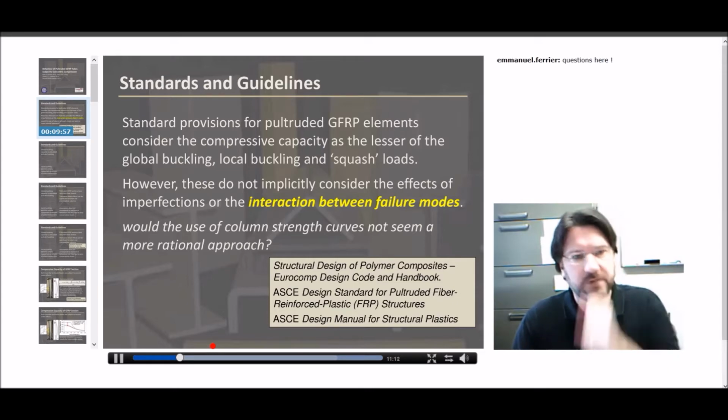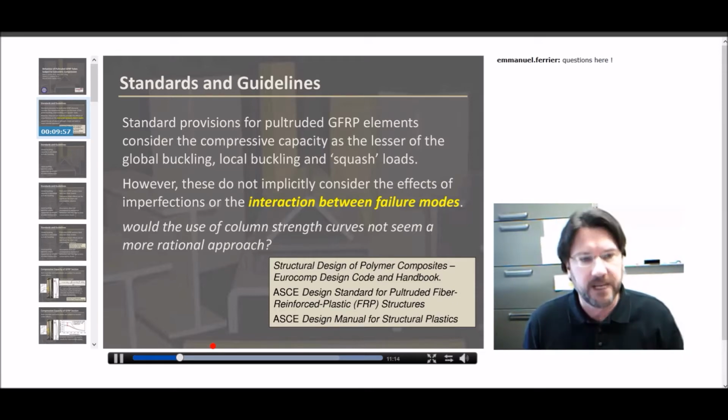In these approaches, we take a limit states type approach, and typically we look at the limit state of a compression member as being the least capacity associated with the calculation of global buckling, local buckling, and then the squash loads if we've got very, very short members.